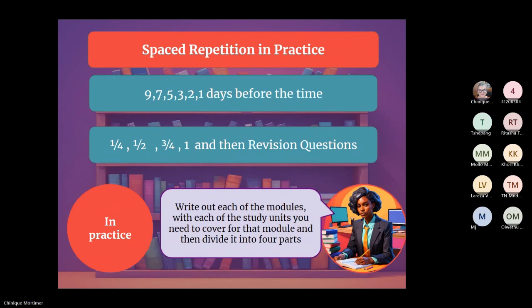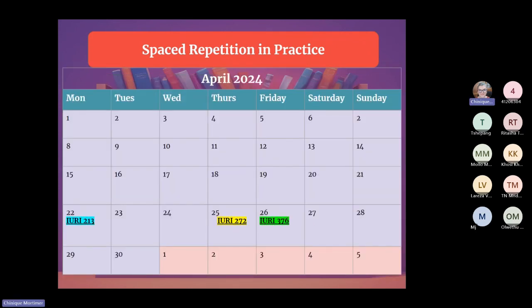Great. Awesome. Okay. Right. So what does this look like? If this is your timetable, you are a 3rd year, but unfortunately you have 272 and 213. This is now just an LLB student, and it's a hypothetical example. If these are your modules, what will this look like if I use the 9, 7, 5, 3, 1 method?